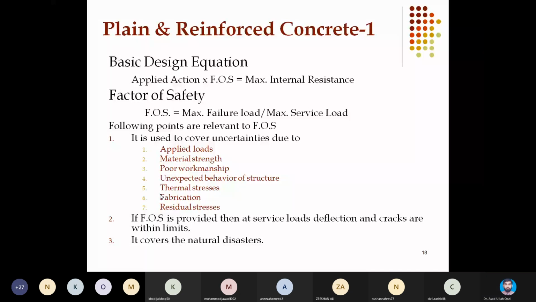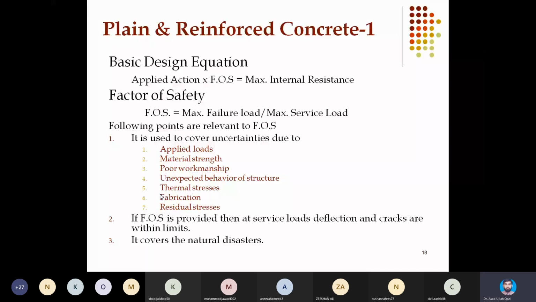Unexpected behavior of structure, maybe spot settlements, some cracking in the concrete structures, diagonal cracking due to shear, poor bond between steel and concrete, thermal stresses, improper fabrication, some compromise on the cross section size, and some residual stresses which may be developed, and in your calculations those stresses were not considered.